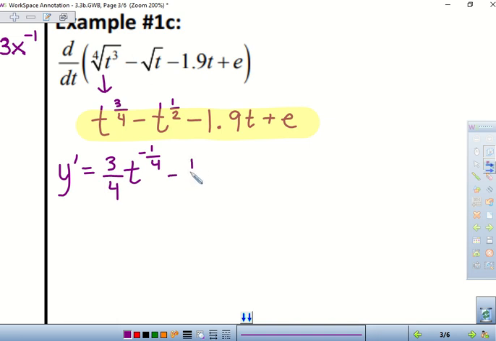This is going to become negative 1/2 t to the negative 1/2. And this is just going to become negative 1.9, because t to the 0 is 1, and then the constant e just goes away when you take the derivative. So does anyone have any questions about taking the derivative? Yeah, you can convert them, for sure.